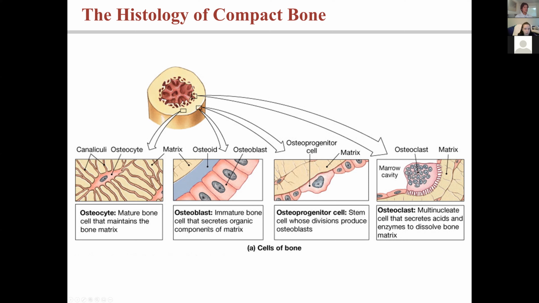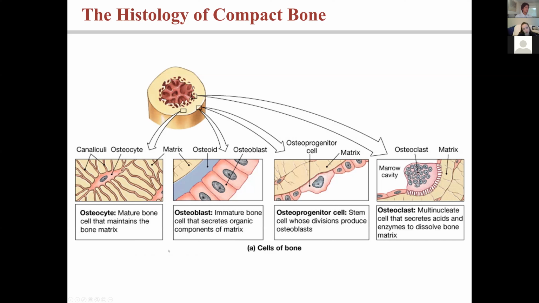So here you have the osteoblasts. They're going to produce this osteoid rich in collagen, and this osteoid rich in collagen can become calcified. These crystals of hydroxyapatite will bind to it and will create these calcified structures.